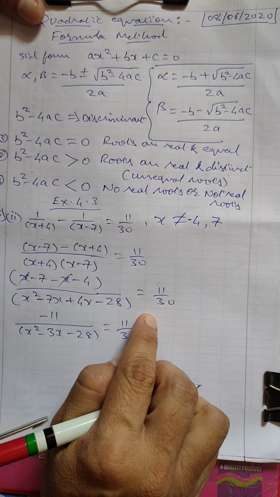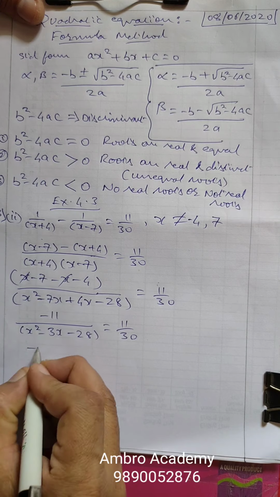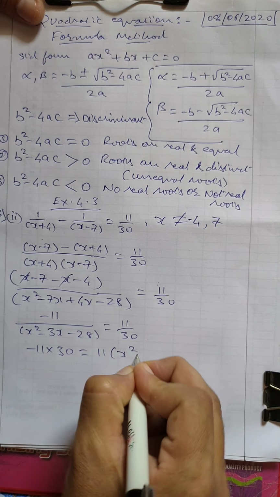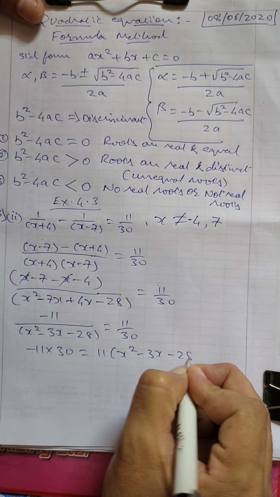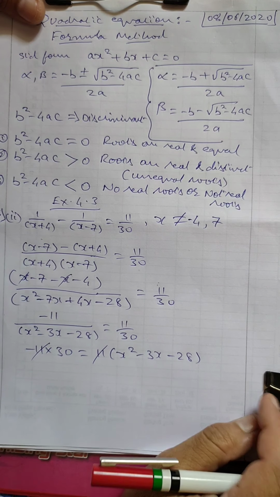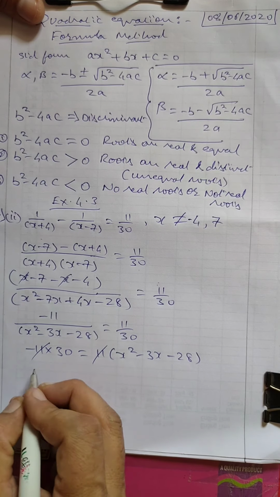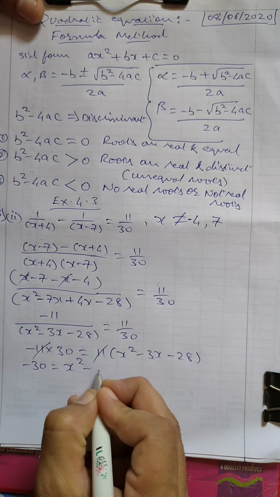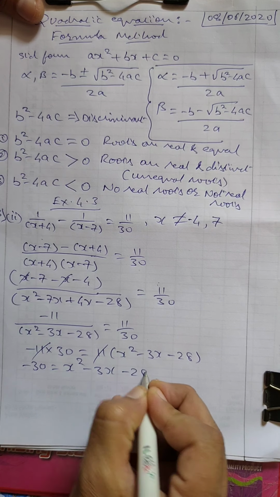Now we need to solve the problem. The 30 goes here, so minus 11 into 30 is equal to 11 into (x square minus 3x minus 28). This 11 and this 11 get cancelled on both sides. It is minus 30 is equal to x square minus 3x minus 28.